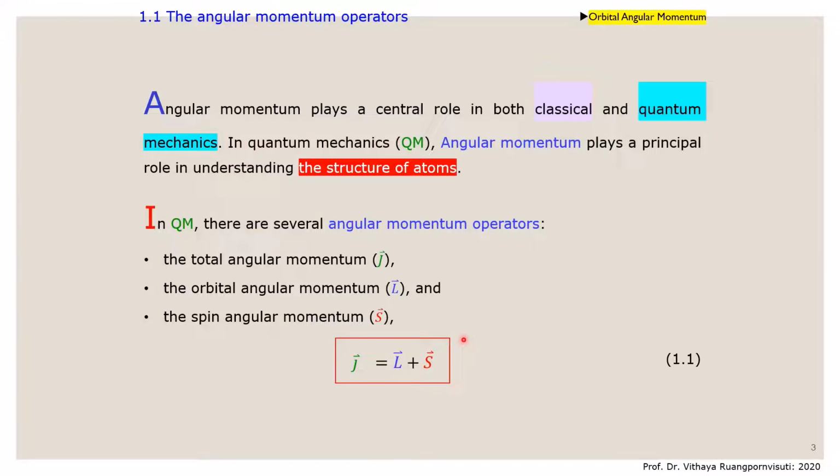Therefore, the total angular momentum J can be computed using equation 1.1. J is the total angular momentum vector, L is the orbital angular momentum vector, and S is the spin angular momentum vector.